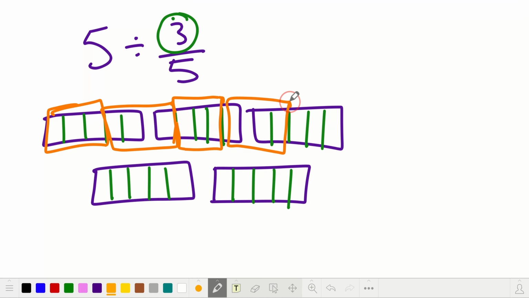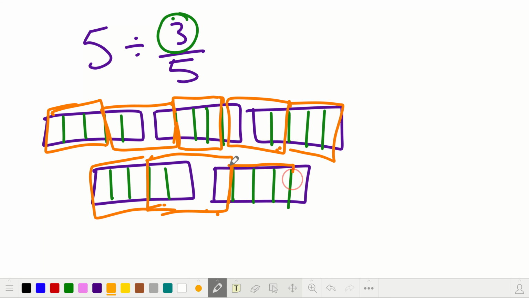There's my fifth group. There's my sixth group. My seventh group. And my eighth group right here.